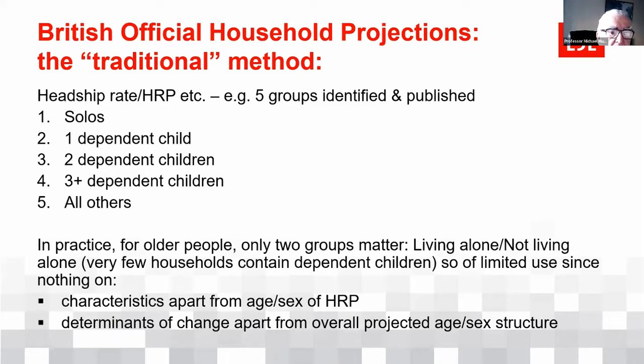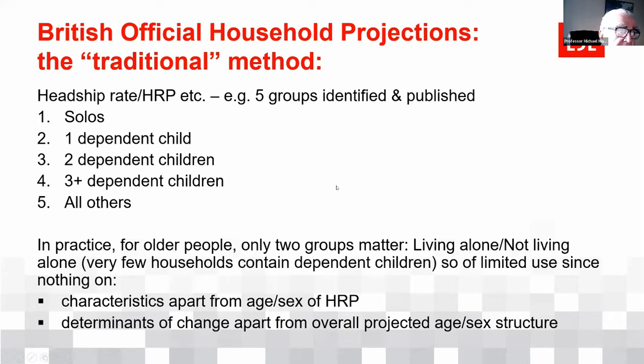And of course, the headship rate method gives you no information apart from the age and sex of the household head or household representative member. And it gives you nothing about what actually drives these changes in living arrangements, apart from the overall projected age and sex structure, which is taken from the official population projections.